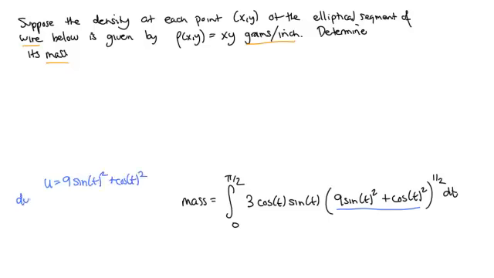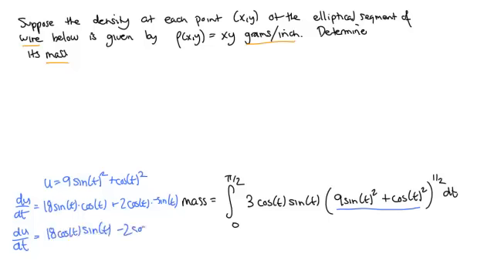If we differentiate u with respect to t, then according to the chain rule, we're going to get 18 times the sine of t times the cosine of t plus 2 times the cosine of t times negative sine of t. So du dt will end up being 18 cosine t sine t minus 2 cosine t sine t, which means we have a grand total of 16 cosine t sine t.